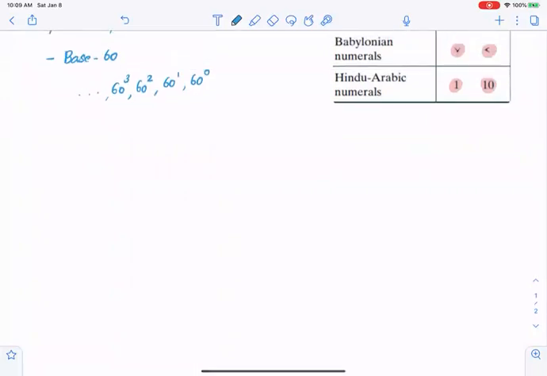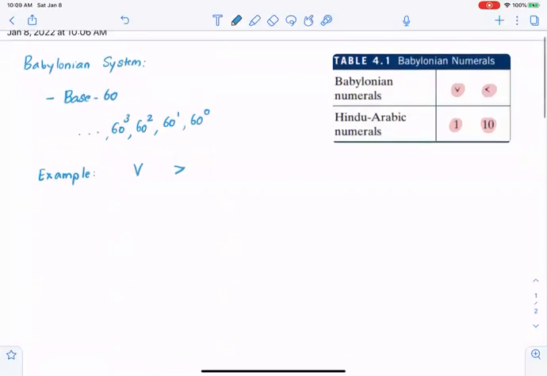So, for instance, if I wrote that, it would actually mean, so a downward arrow thing, that's a 1, and the sideways arrowhead, that would be a 10. The space in the middle would mean plus.